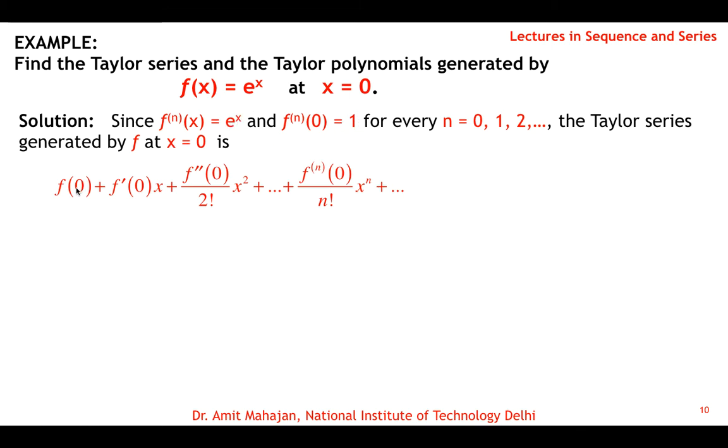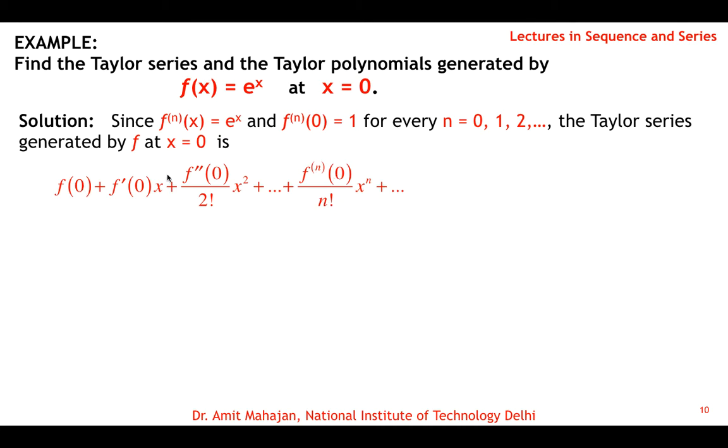This formula can be written as f a plus f dash a into x minus a, plus f second derivative a into x minus a square, plus so on. So we can calculate not just at the origin but about any point x equal to a constant.